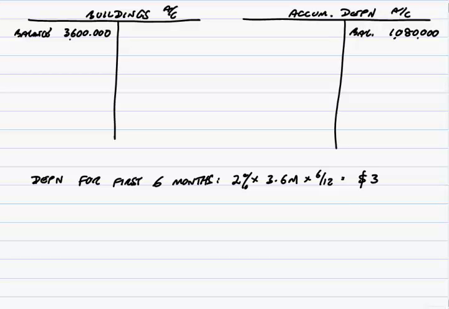It'll be an expense of 36,000. £72,000 a year, half a year. So let's depreciate. The entry is always credit accumulated depreciation, 36,000, debit the depreciation expense account.